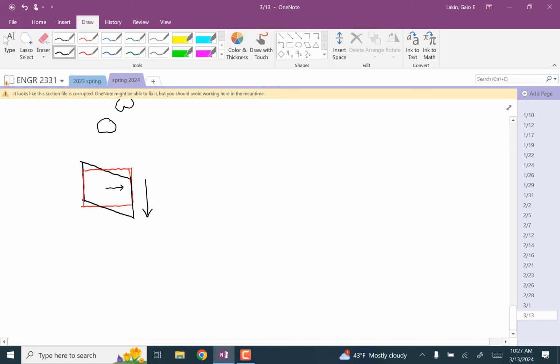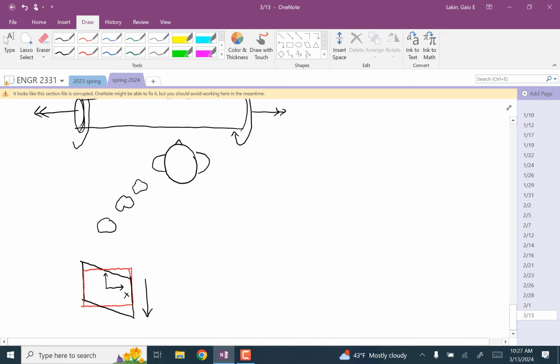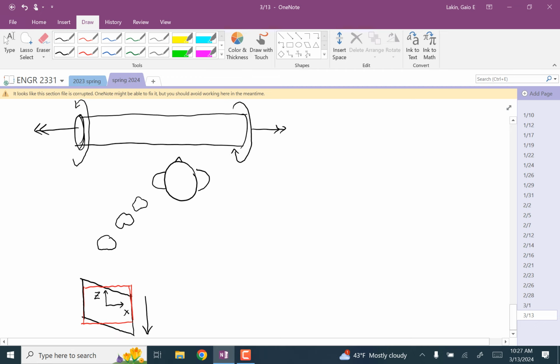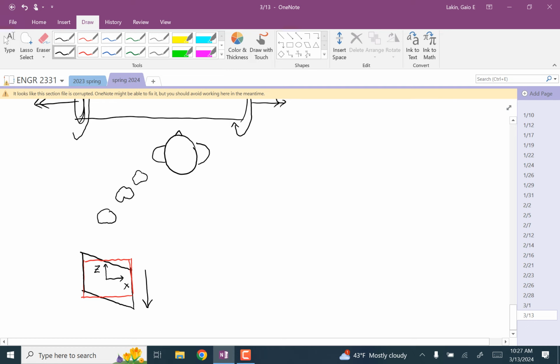This is the x-axis. Okay, so that shear stress is on the x face. But what you see going up now is the z-axis. And so this is on the x face in the negative z direction.